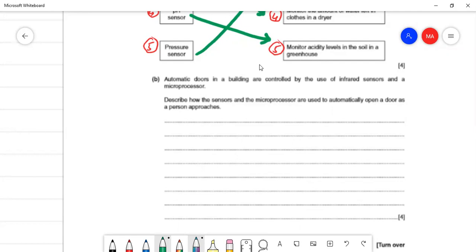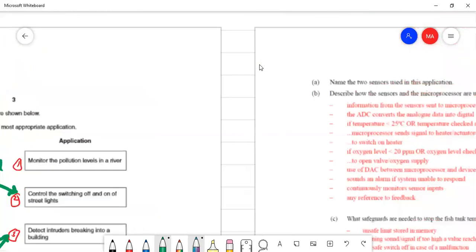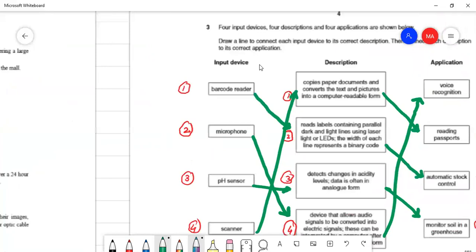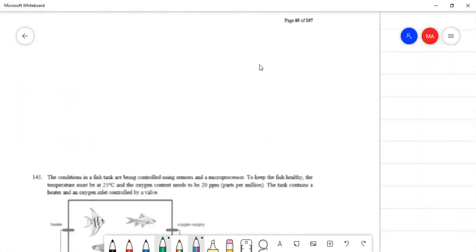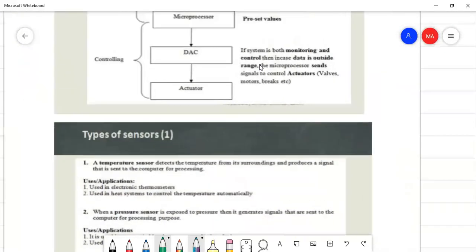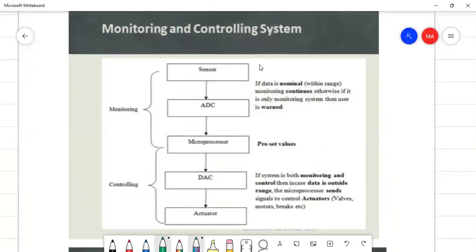You should have a clear concept of this diagram. In order to attempt questions based on a case study or situation, you should have a concept of this flow diagram, which is related to the monitoring and controlling system.